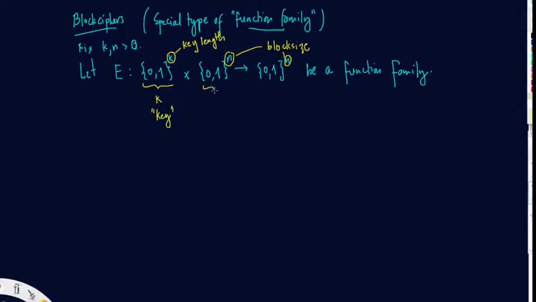The next input here, we use different notations for it, x, d, but for the moment we'll just call it x. I'll try to stick with that for the lecture. This is the input block. We call this the plaintext block.